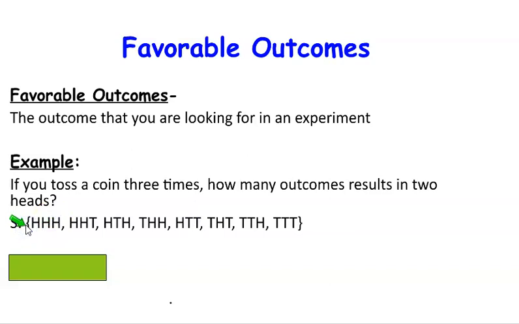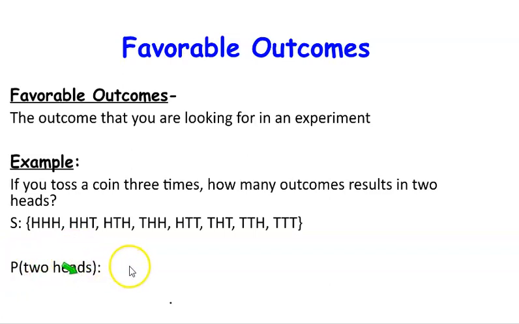So now, if you toss a coin 3 times, how many outcomes result in 2 heads? You need to count how many of these outcomes, these choices, resulted in 2 heads. Count them up out of how many total. So it's going to look like this. What's the probability of 2 heads?